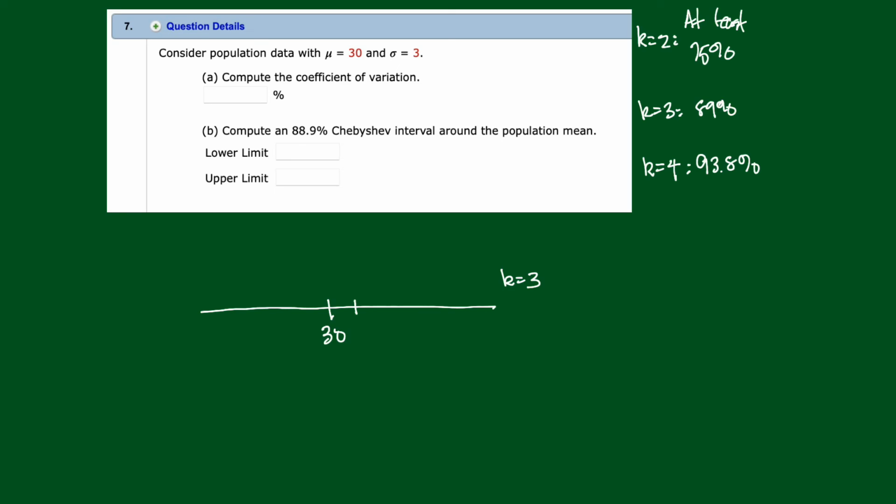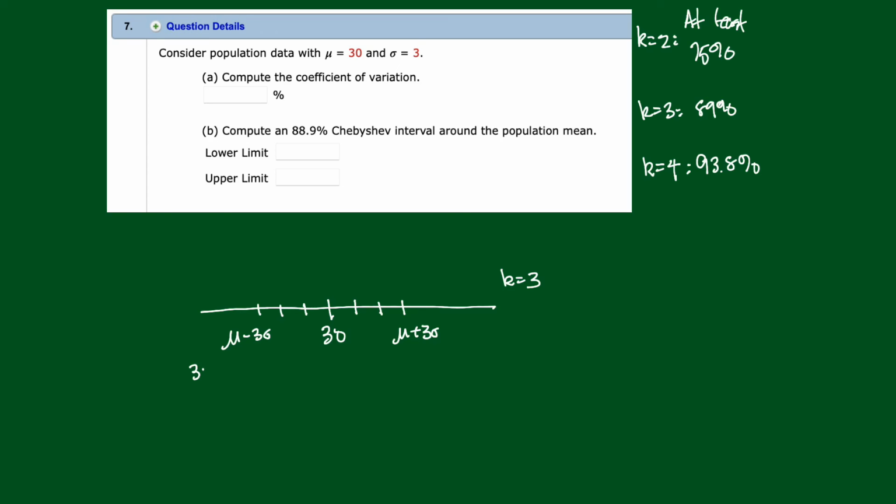So if we go 1, 2, 3 standard deviations, I'm going to do it in general first. It's mu plus 3 standard deviations. Down here on the left, there's going to be 1, 2, 3. This is going to be the mean minus 3 standard deviations. Now let's actually put in the numbers.